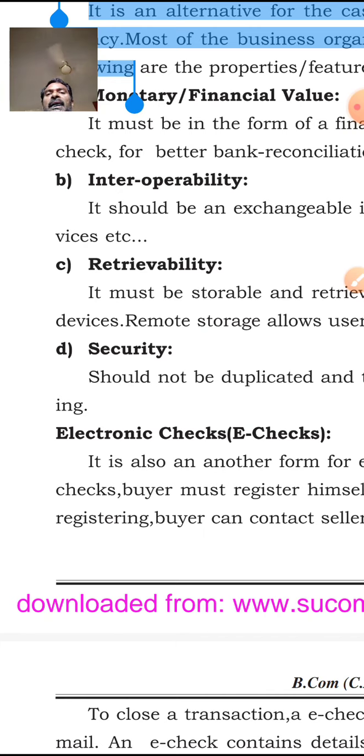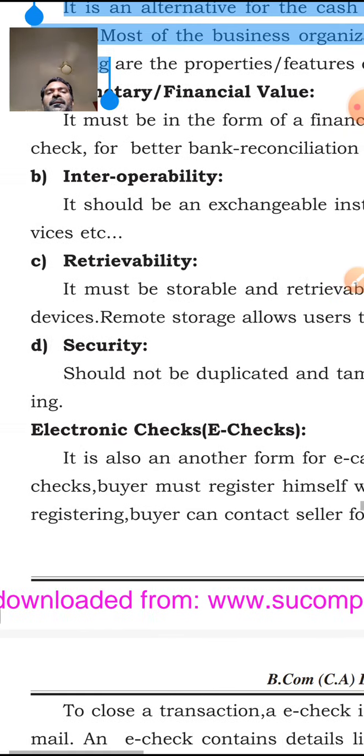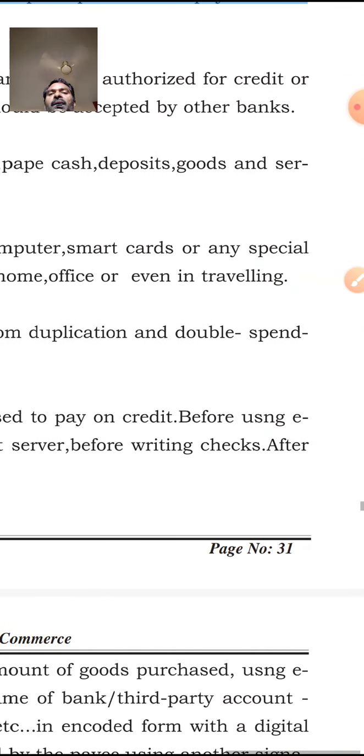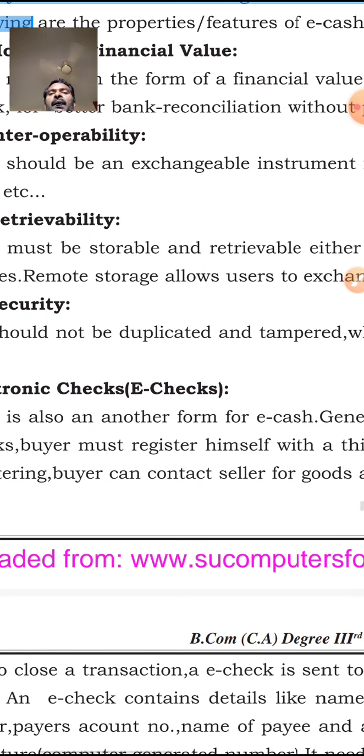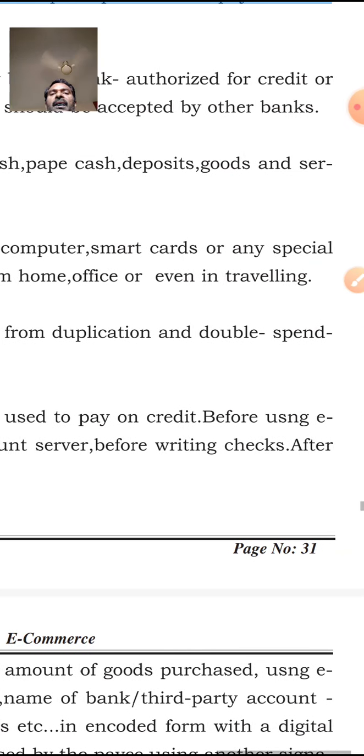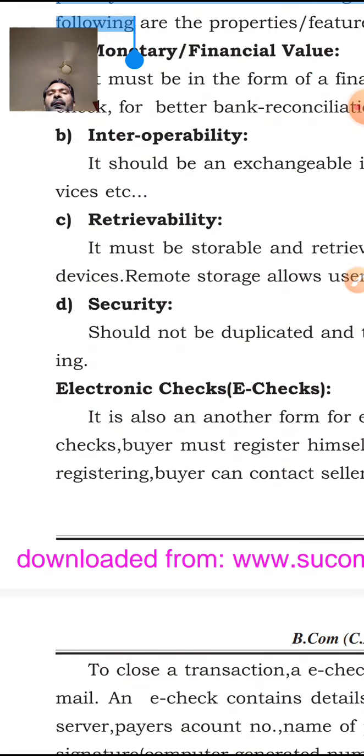Okay, next retrievability and security. Retrievability and security are the two more characteristics of the EFT application. It must be storable and retrievable either on a remote computer, smart cards or any special devices. Remote storage allows users to exchange eCash from home and office or even while traveling. Retrievability means not only a particular place, the EFT applications can be worked with the help of usernames, passwords, PIN numbers and OTPs.